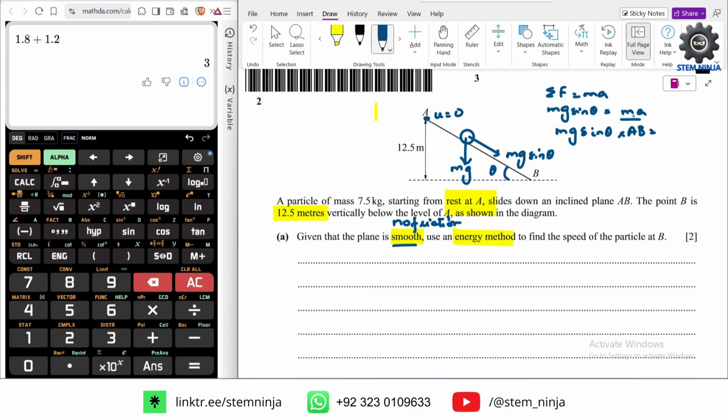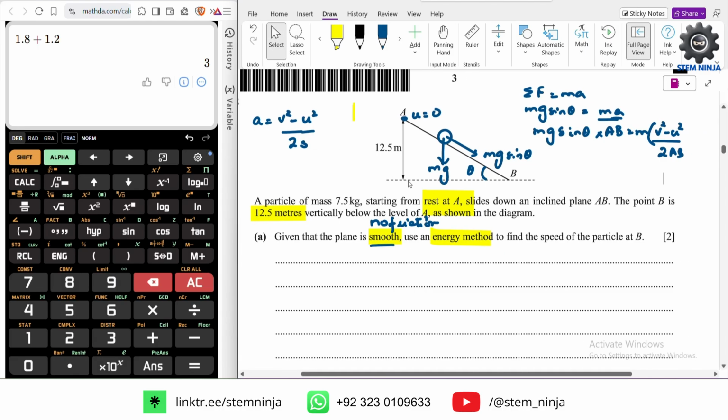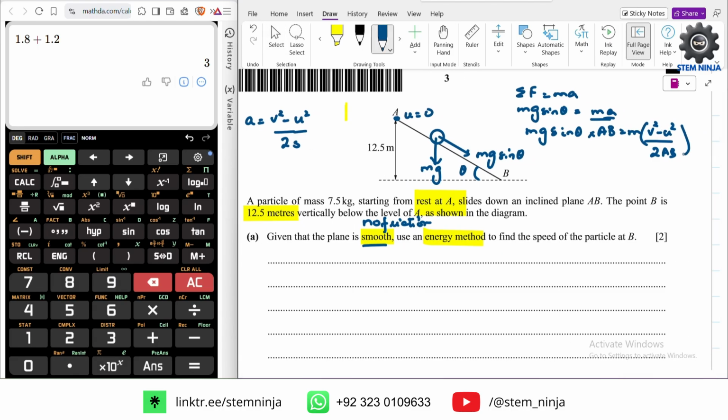Now we need to make this side in terms of v and u and s. So acceleration can be v squared minus u squared over 2s. So it can be written as v squared minus u squared over 2AB, because that's the displacement, and then times AB.